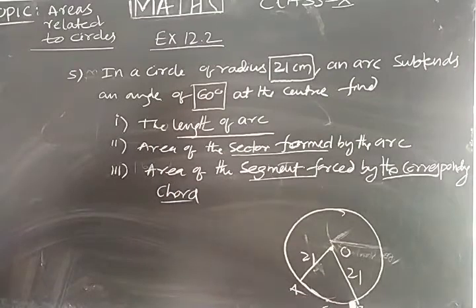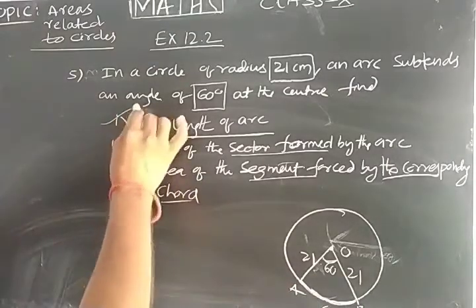Then we have to find the length of the arc from A to B. If you know theta and r, we can find the length of the arc. That is the first problem.